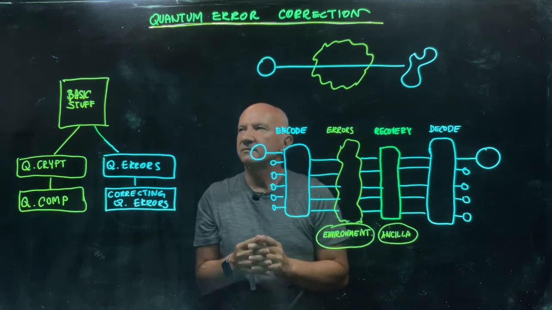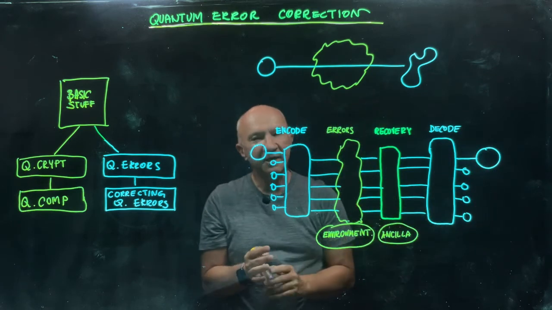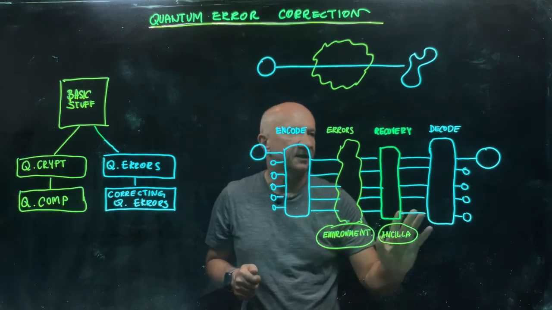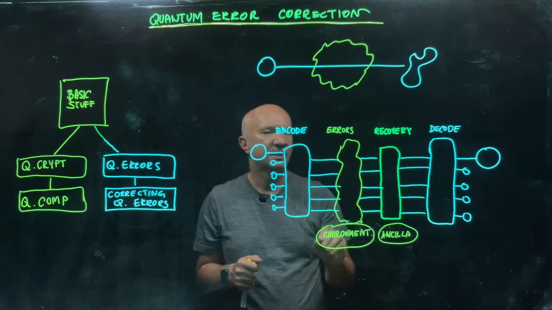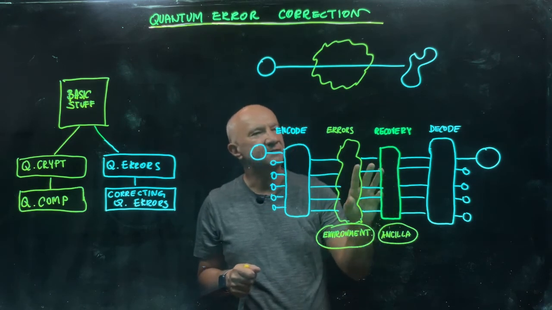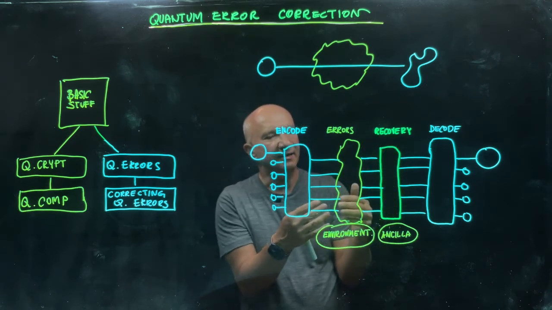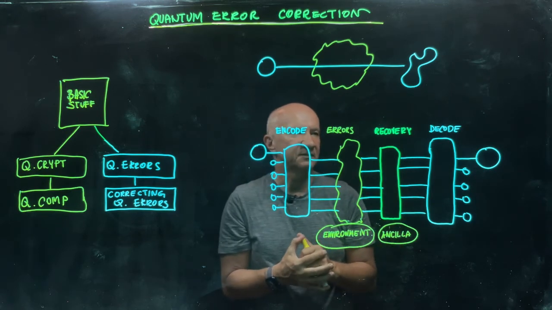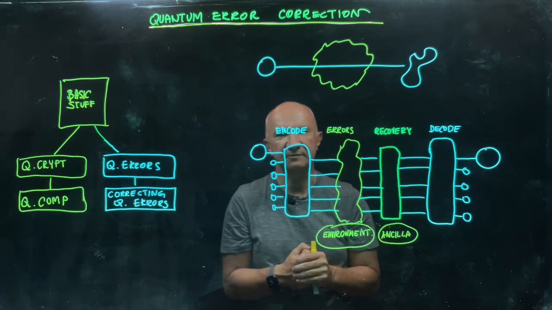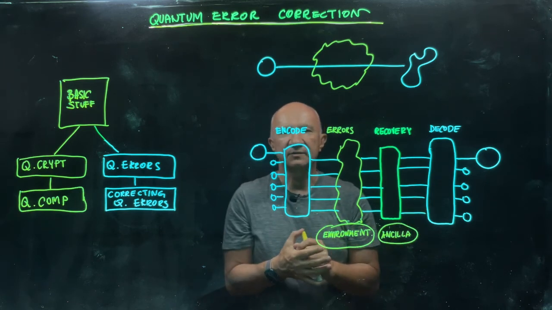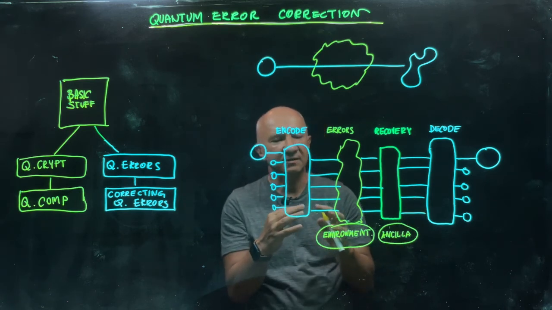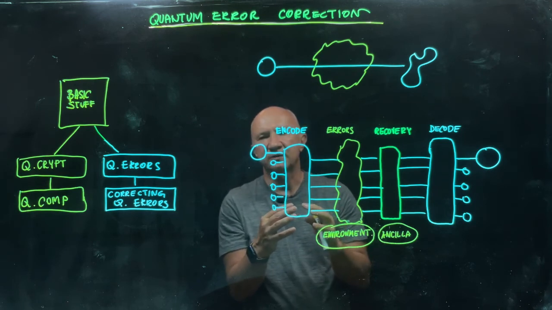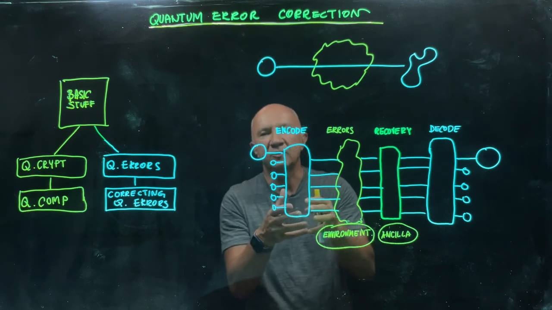So I would like you to have this scenario in mind, and of course, in the lecture we will go through all the details, and I'm going to tell you how to encode, how to construct the recovery procedure, and what kind of conditions have to be satisfied for this to be possible in the first place. Then we'll say a few words about quantum computation that protects not only a quantum state but also the whole process of computation.